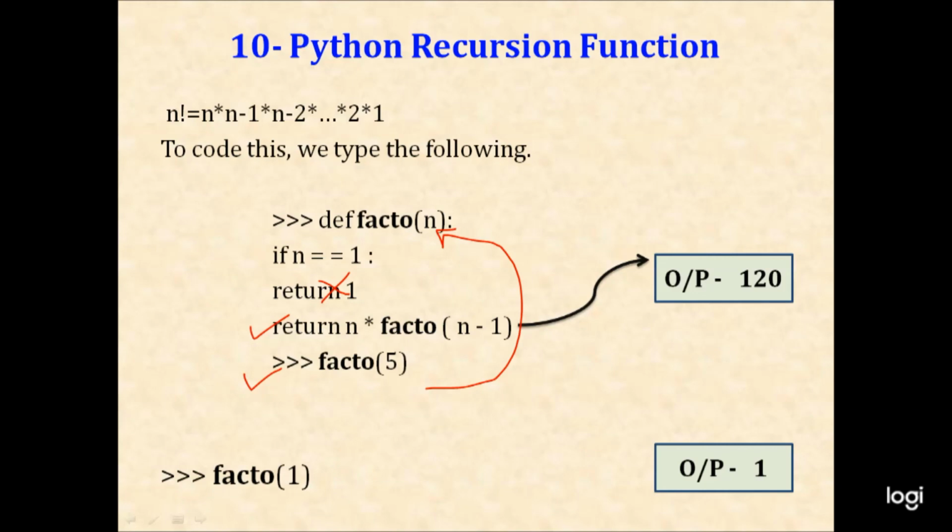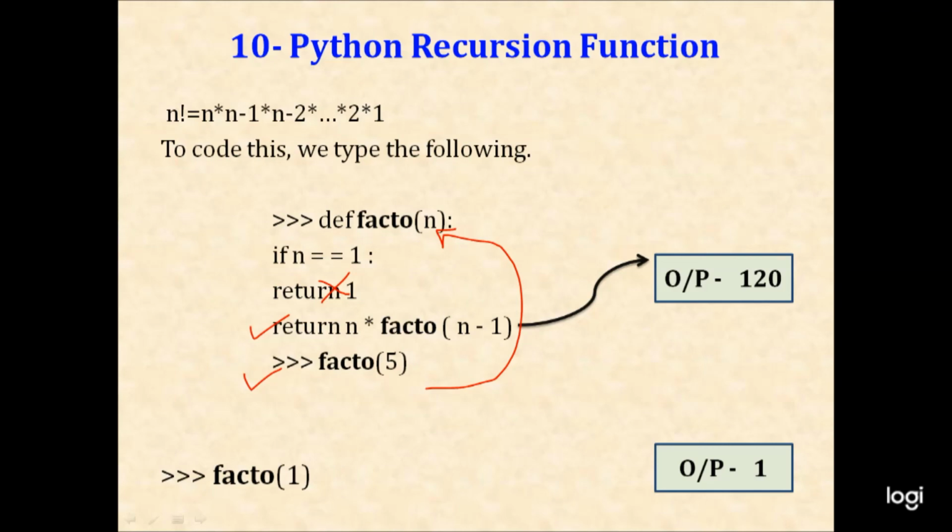Then the expression will be n, meaning 5 into n minus 1, that is 4 into 3 into 2 into 1, and after evaluation it will give the output 120 for 5.